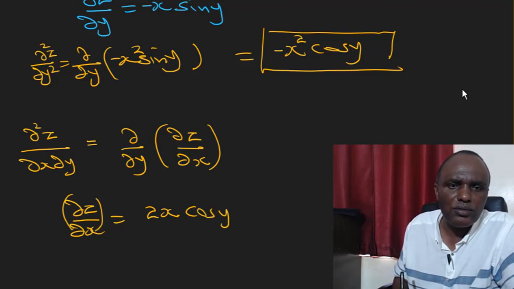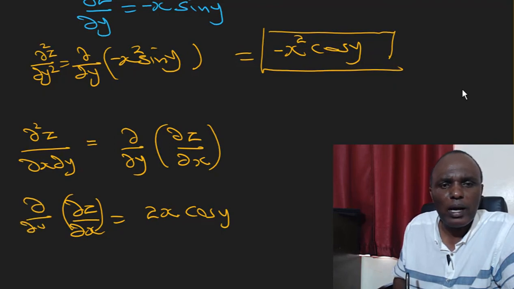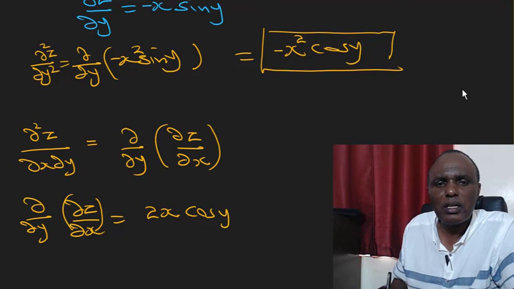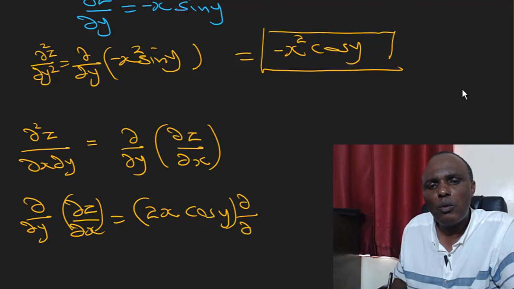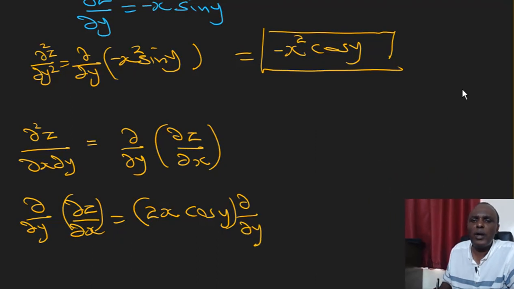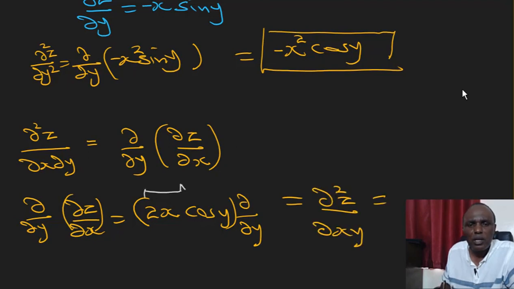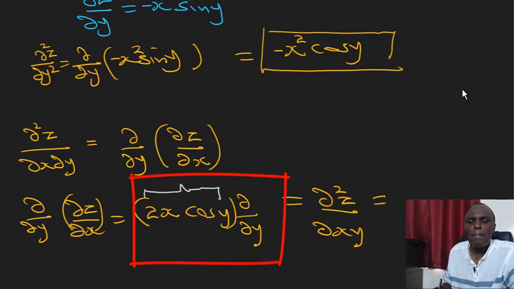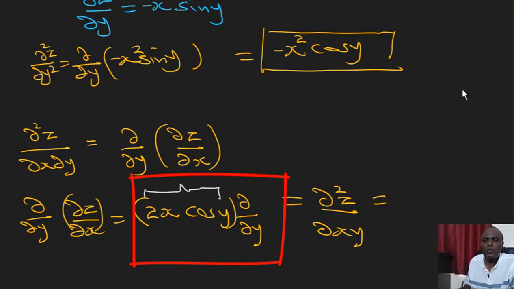We want to differentiate that with respect to y, so that we can get the answer. 2x will be constant, so we write 2x.